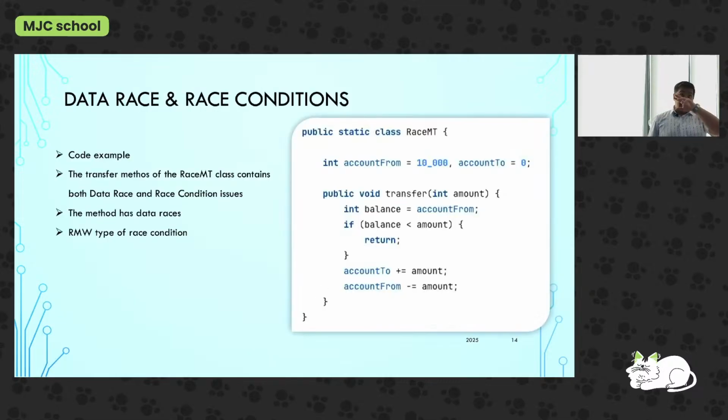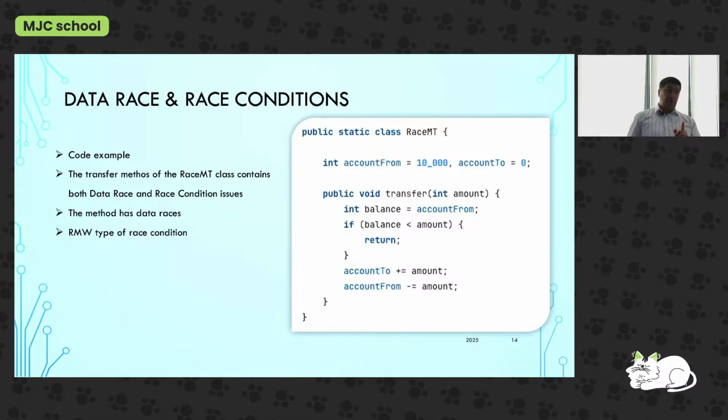Let's consider one example. This is hypothetical money transfer code. It is simplified, so don't use this in production code, because account from and account to should never be int. They should be a proper object class which contains proper big numbers, not a single int. Nevertheless, this is just for the sake of demonstration of the race state.